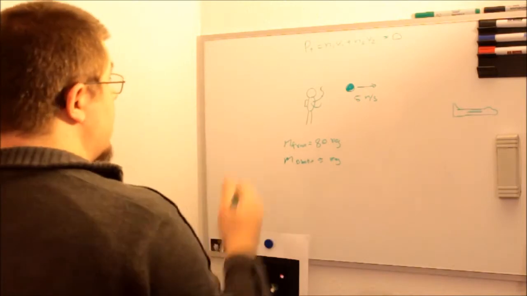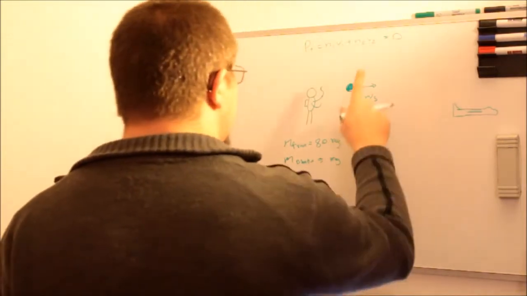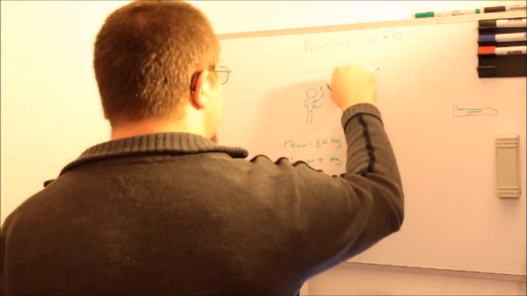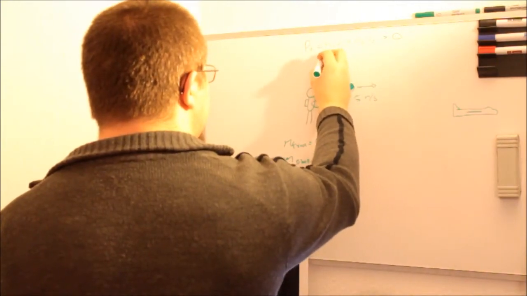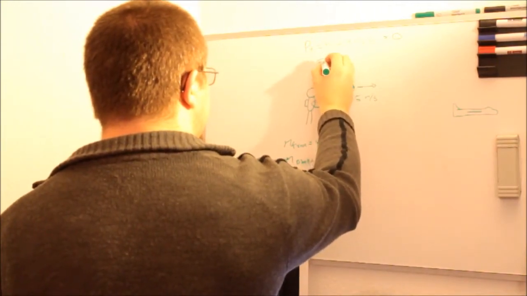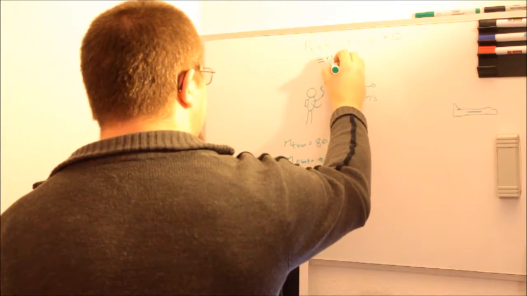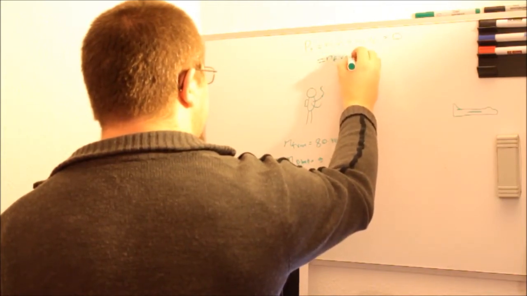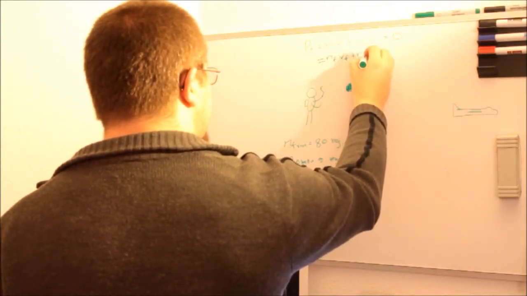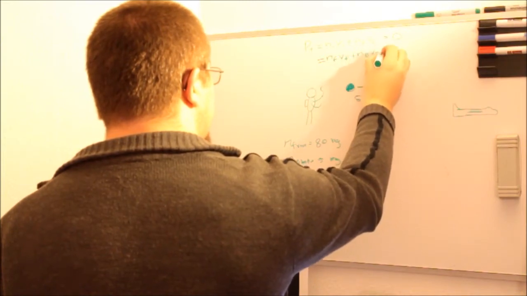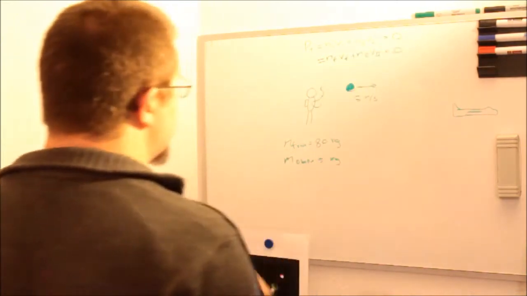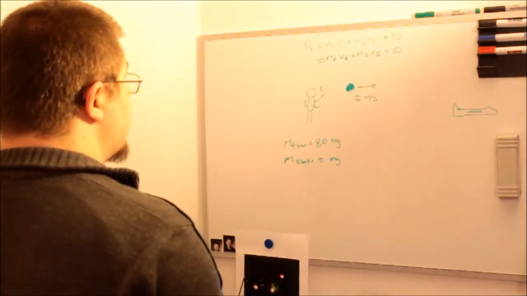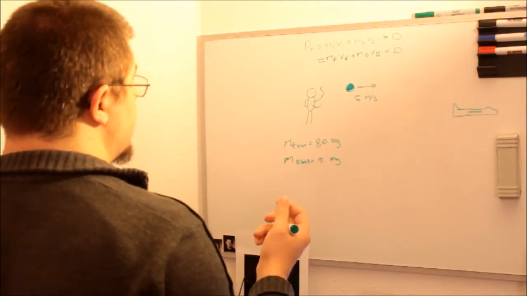Then we can rearrange this, and I'll just rename them slightly: M Fred V Fred plus M ball V ball is equal to 0. So let's find out what Fred's velocity will be.